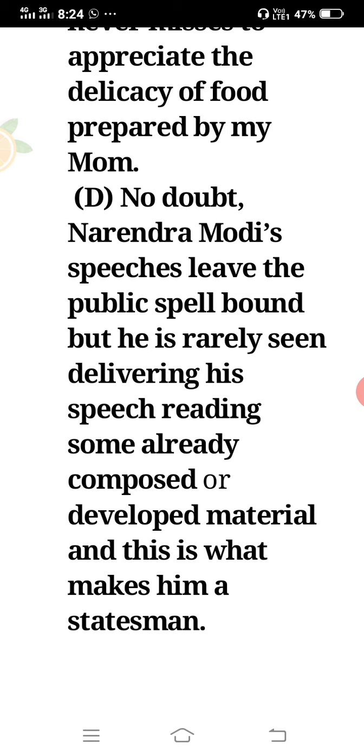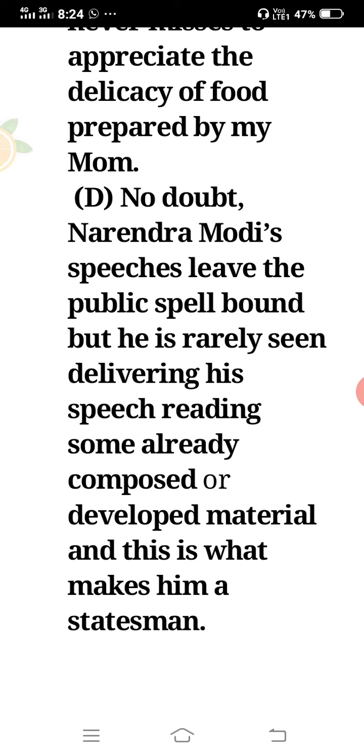No doubt, Narendra Modi's speeches leave the public spellbound, but he is rarely seen delivering his speech, reading some already composed or developed material, and this is what makes him a statesman. See, here is the composition of participles. Various participles are here, present and past both are there.